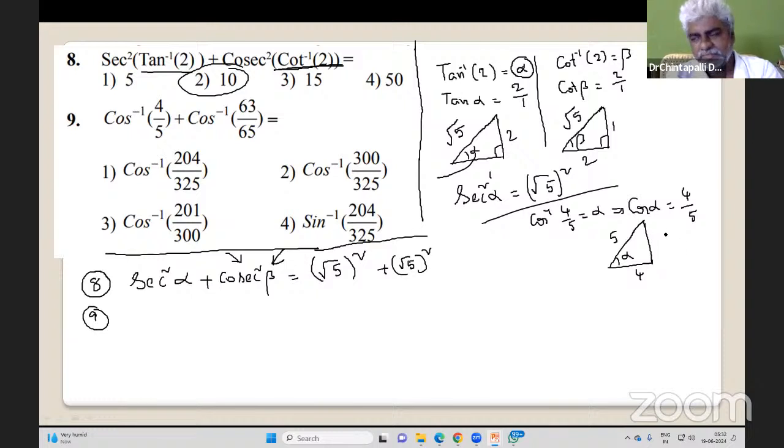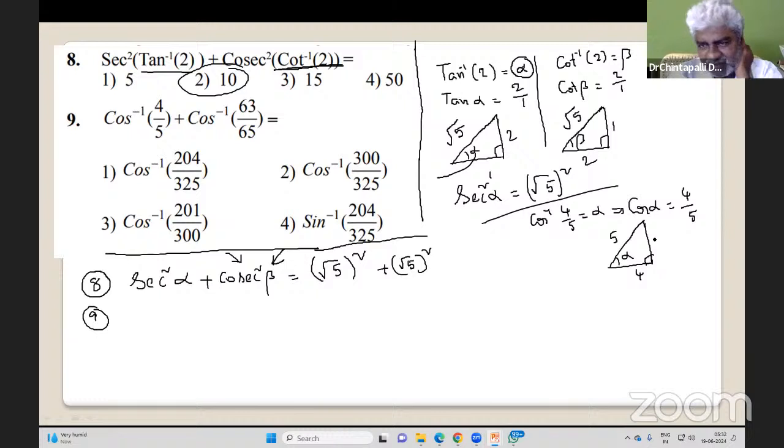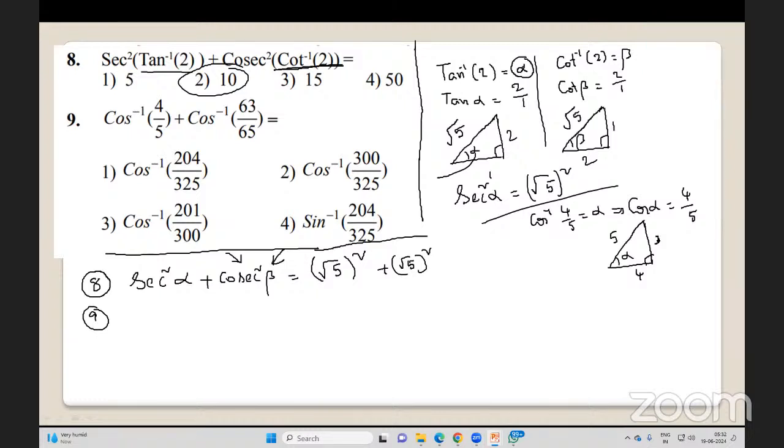What about this side? 4 square 16 plus 25, root 41? No, it is not hypotenuse. Oh, sorry, as x. 3, sir. Correct, 3.